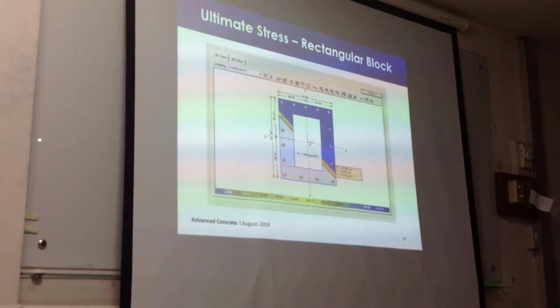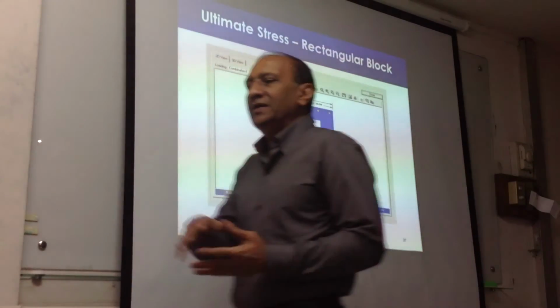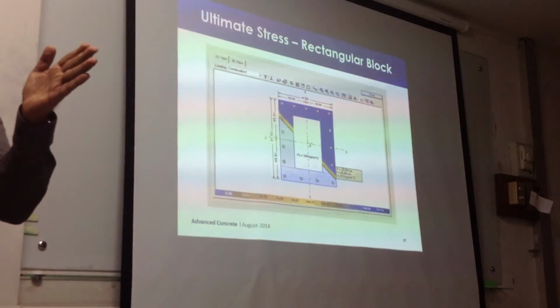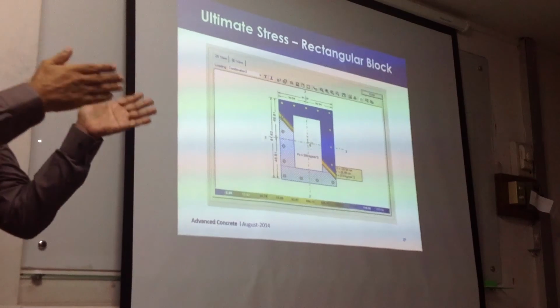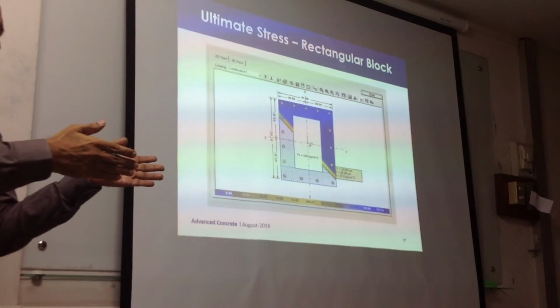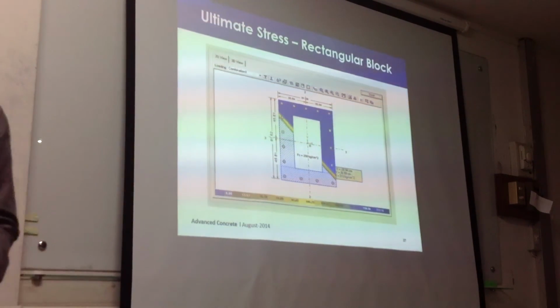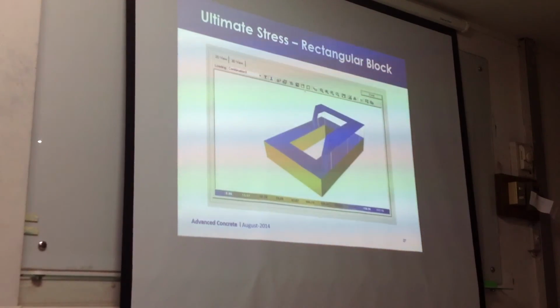That's all. The logic behind that is that the equivalent block has the same force as the real stress-strain curve, right? So they simplify it. So it will look like that.